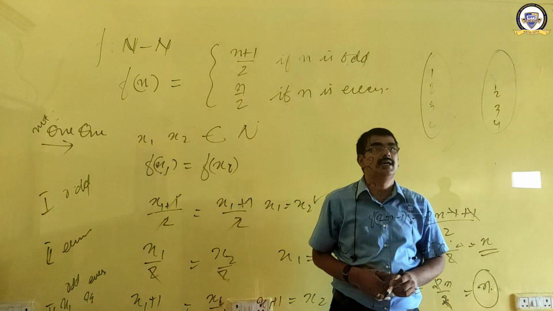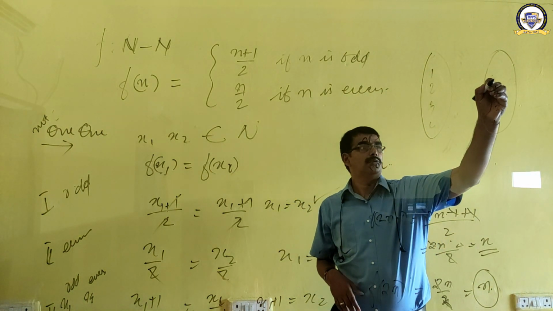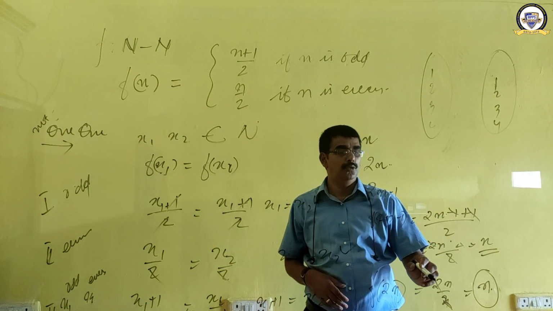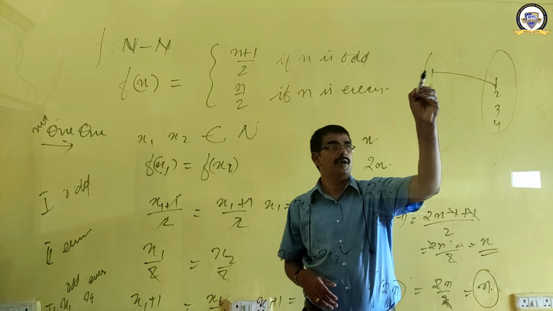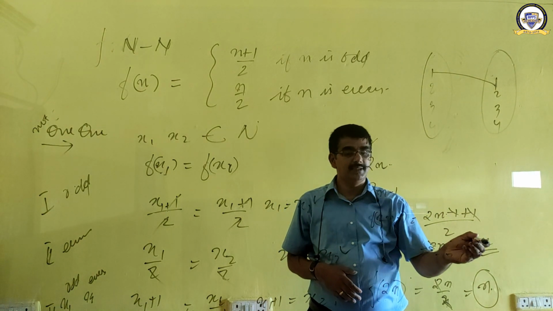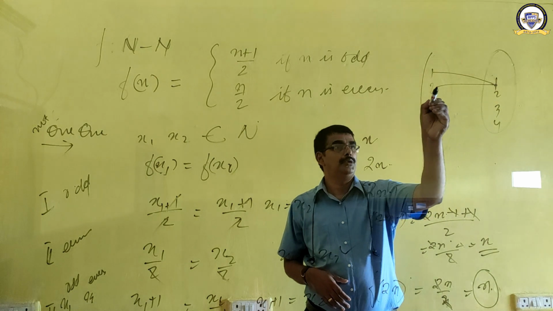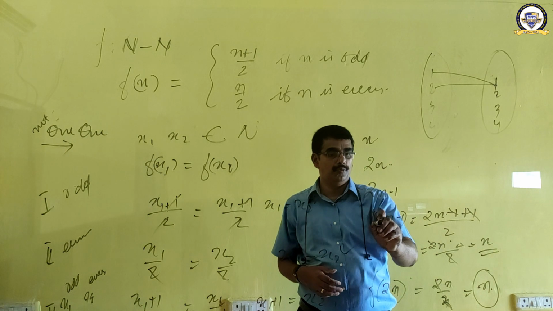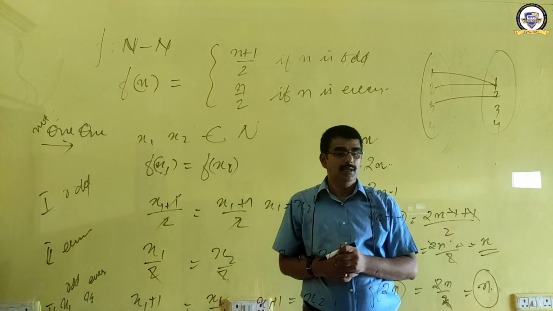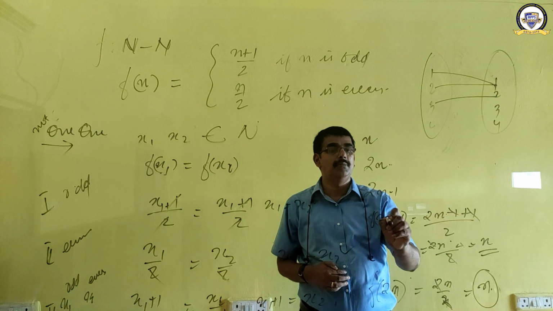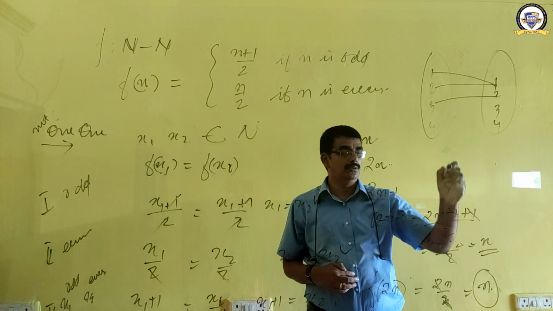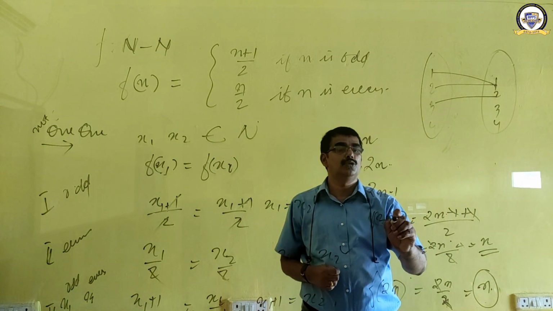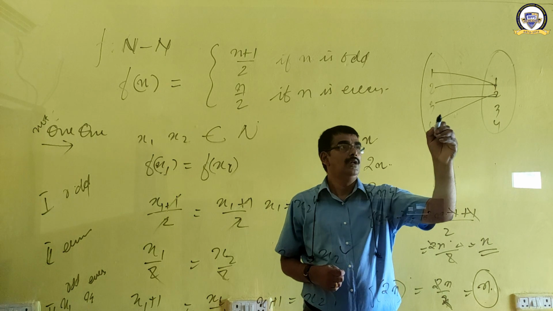So what we have to consider: if n is equal to 1, then 2n minus 1 is 2 into 1 minus 1, that is 1, and 2n is 2. If n is equal to 2, then 2 into 2 minus 1 is 3, and 2n is 4.